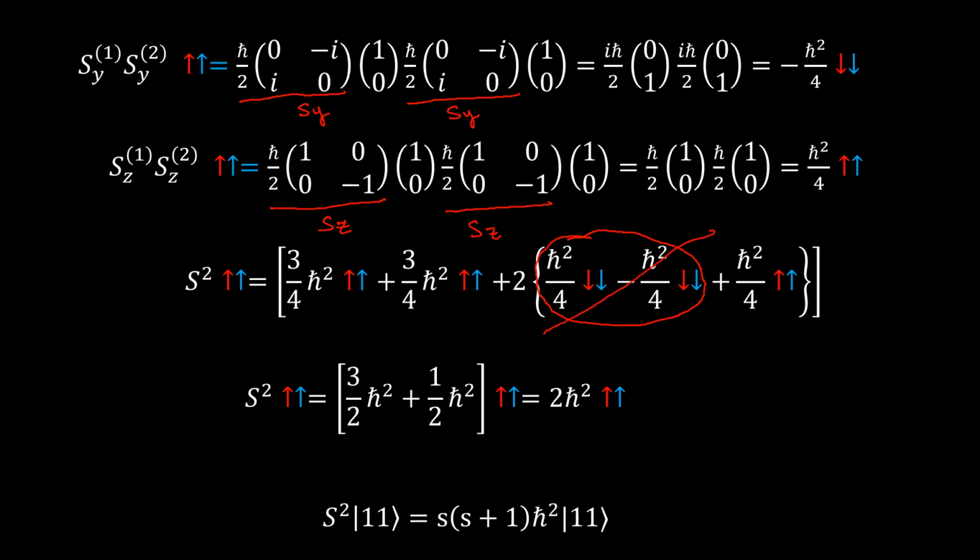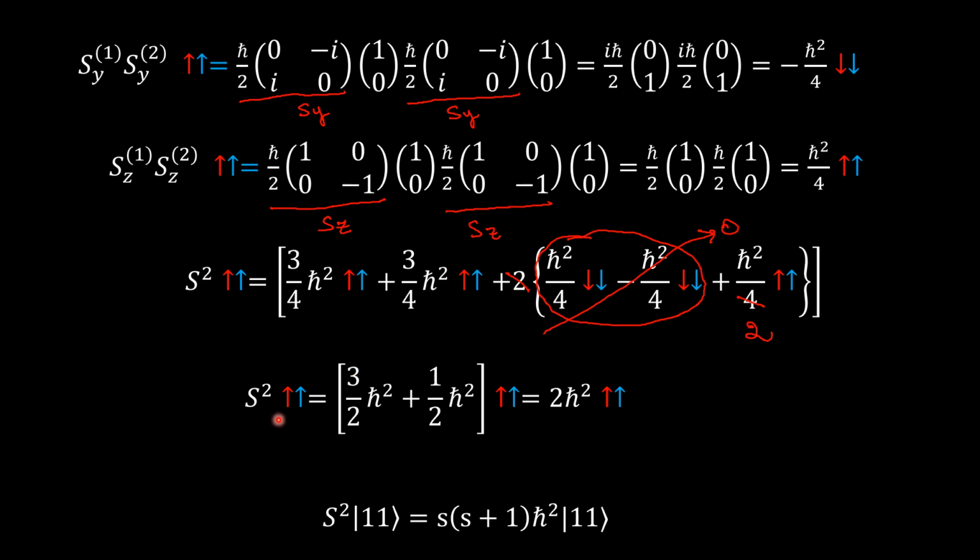Otherwise you cannot cancel. Then if you add the first two terms, you will get 3/2 ħ². So remember that both are up, and this term is also up. Only thing is, if you multiply this by 2, you will get ħ²/2. All these three terms are spin up and up.